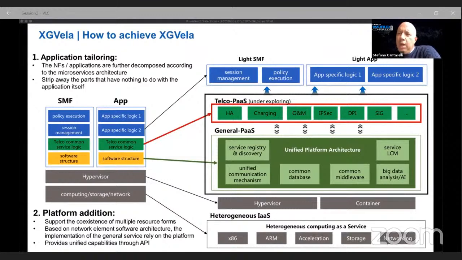Fundamentally, you extend some of the capability, put it on top of the general PaaS, and make it very specific to telco requirements, which in some of the more generic open sources are not available.